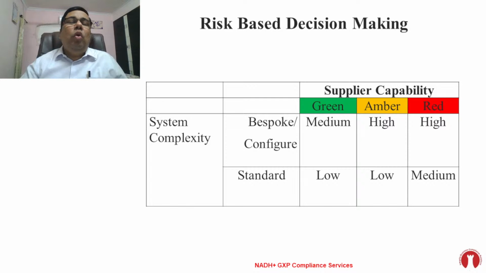If the system is complex and also it is a configurable software, so risk is high, and in that case you can go for a site audit also. So this way you can take the decision on whether you need to perform the audit or not.